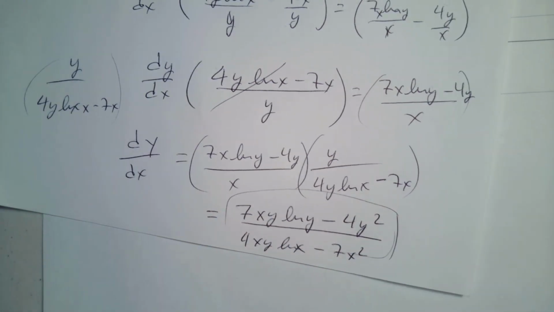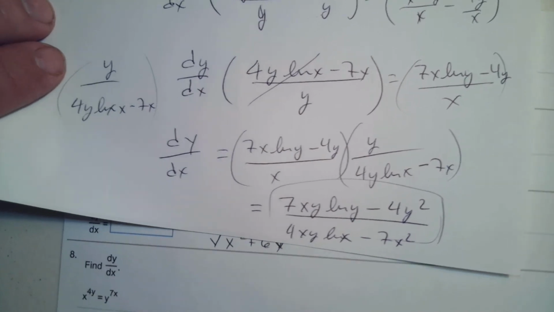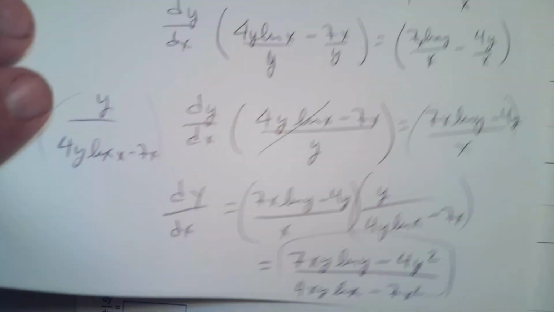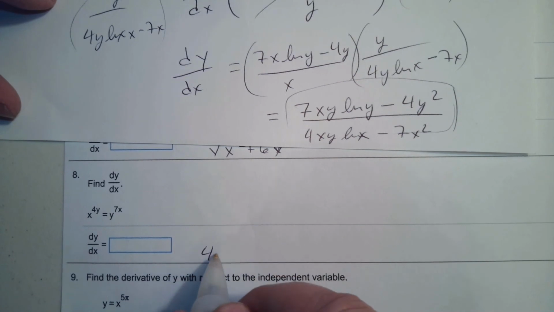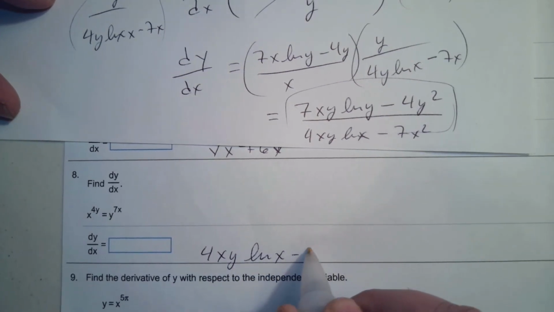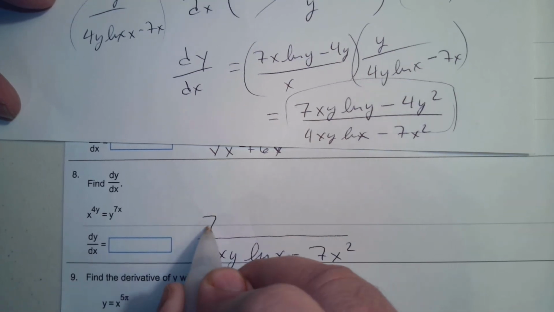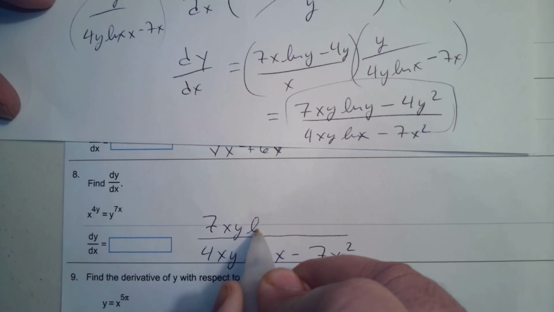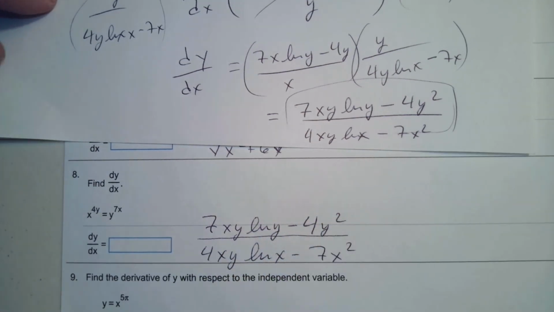And there's the answer. Whew, a lot of work, but that's the answer. Put that on the answer sheet. 7xy ln y minus 4y squared under 4xy ln x minus 7x squared.